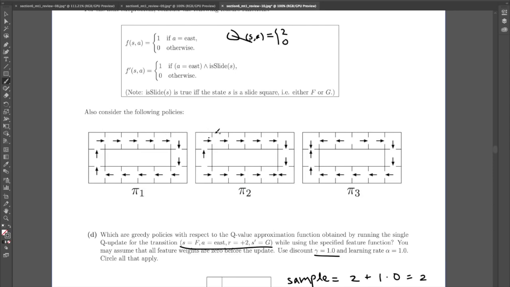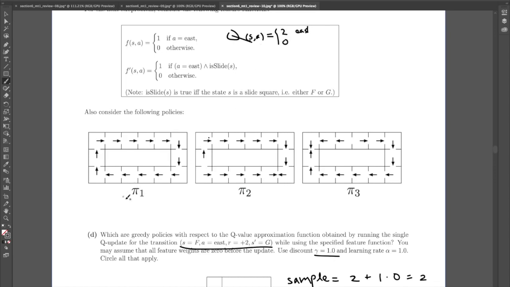Basically, we want to ask ourselves the question, which of these policies always go east whenever there is the option to go east, right? And this is going to be the same as asking, is the policy greedy with respect to F? Why? Because if at some point a policy does not go east when you could have gone east, that means that they are taking this 0 over this 2. So 2 corresponds to the case of east, right? And a greedy policy will never take an action which gives you a smaller Q value instead of one which gives you a larger Q value.